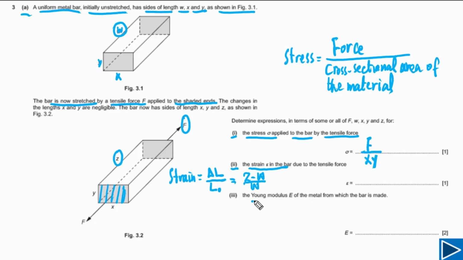For the next part, the question is asking us to calculate Young's modulus of the metal from which the bar is made. So we need to find the value of E. Young's modulus, capital E, is equal to stress over strain.